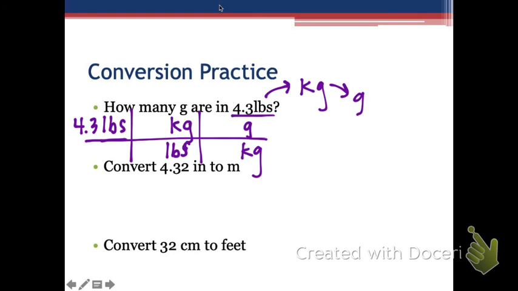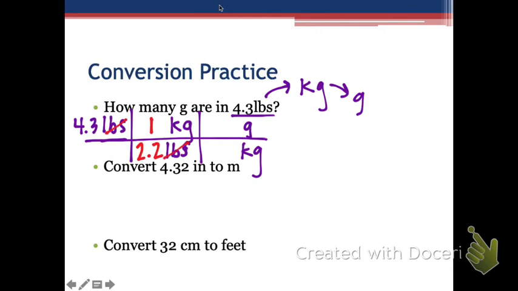And let's go ahead and put my numbers in then. Between kilograms and pounds, which one gets the 1? Pounds. Look on your chart. Kilogram gets the 1, and how many pounds are in 1 kilogram? 2.2. Okay, so now pounds is done.